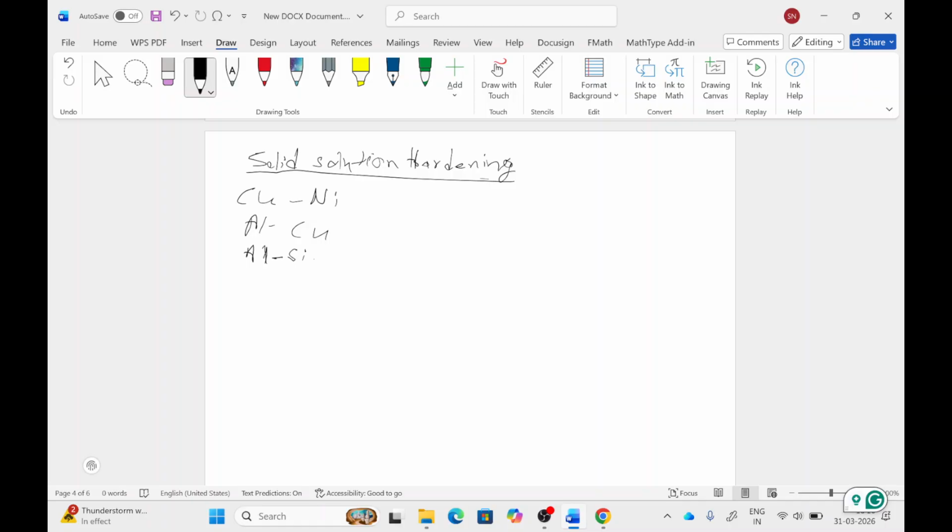In a solid solution, one is the solvent metal and the other is the solute element. The size and concentration of the solute element determine the level of strengthening in the solvent metal.